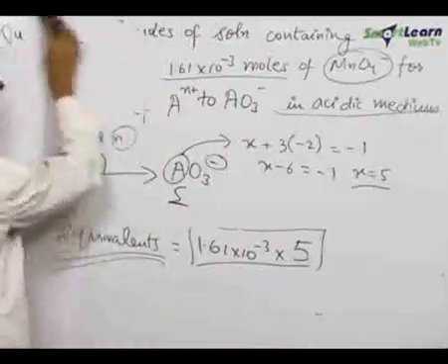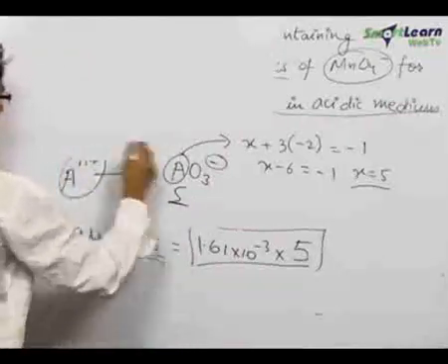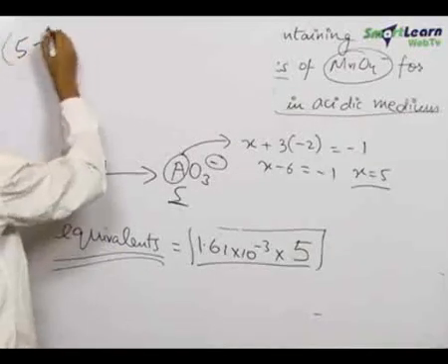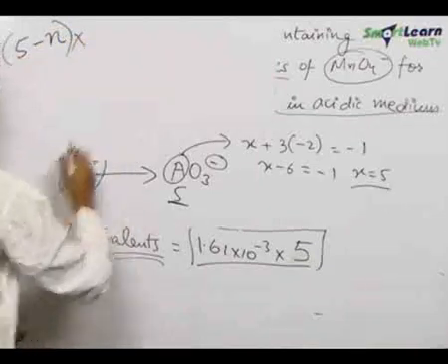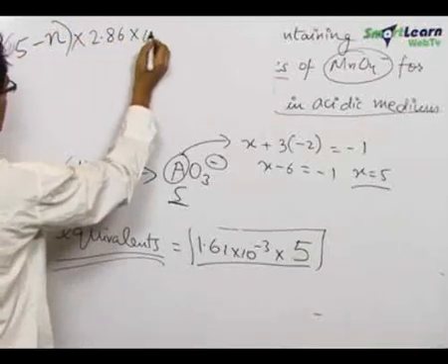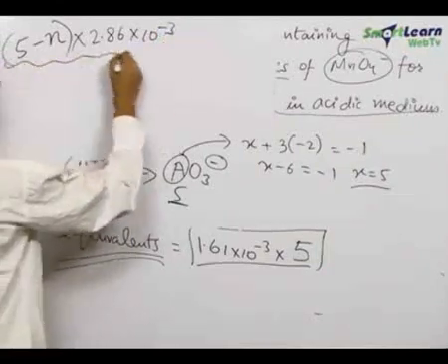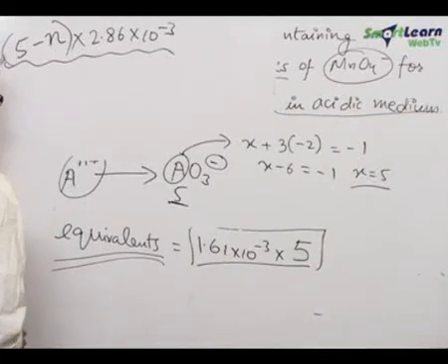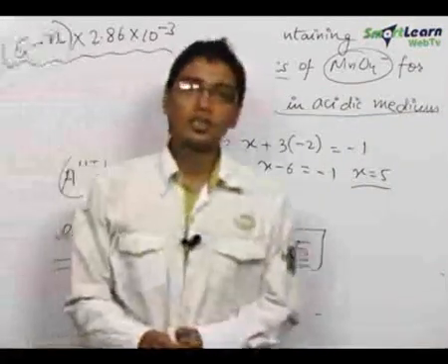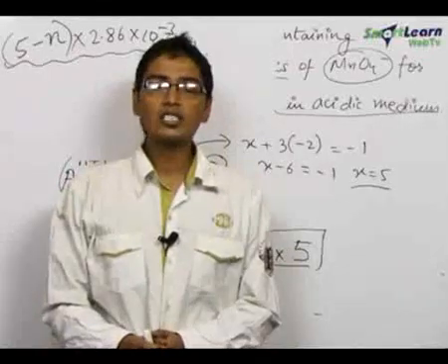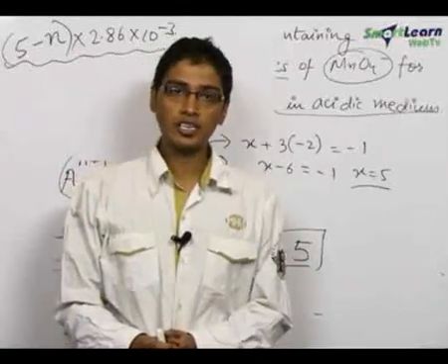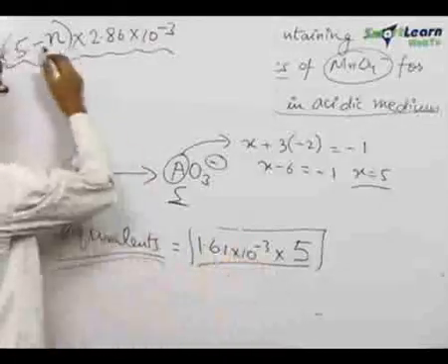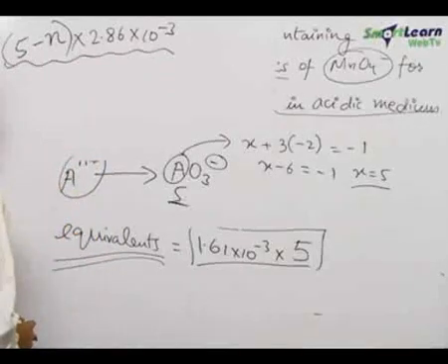So now the number of electrons getting transferred in this equation is 5 minus n. The number of electrons times the moles of A^n+, which is 2.68 × 10^-3, is equal to the number of equivalents of A^n+, which is getting oxidized. Now in any redox reaction, the number of equivalents of the oxidizing agent is equal to the number of equivalents of the reducing agent, and hence we get 1.61 × 10^-3 into 5 equals (5 minus n) into 2.68 × 10^-3.